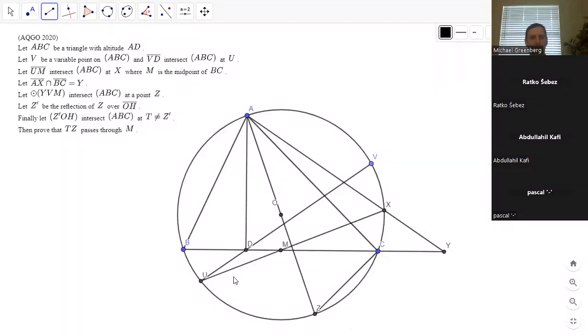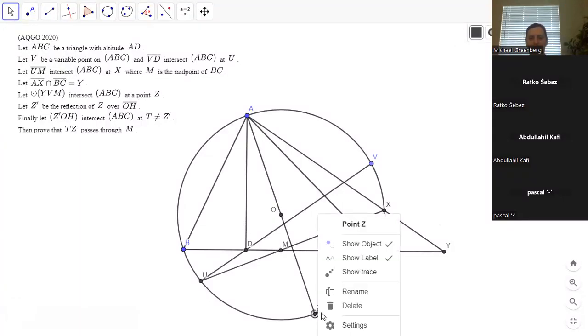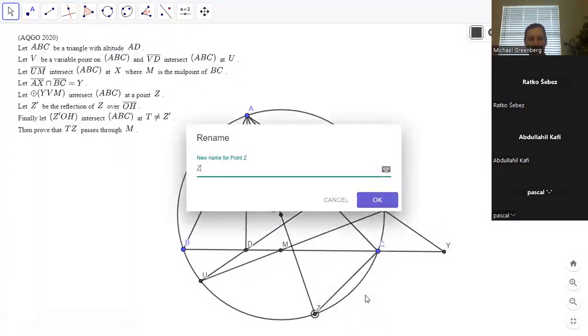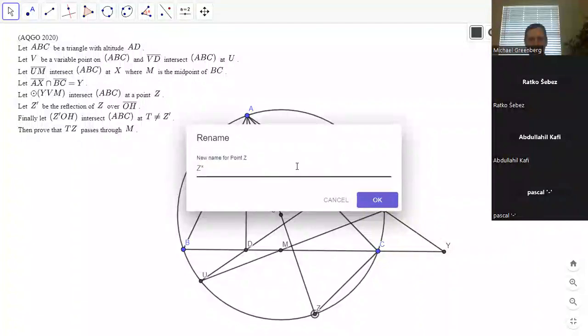I like that better. Or I could call it Z star. Why not? So we could say let Z star be the antipode of A. And see, oh, it doesn't like that. Does that work? No. Z plus.